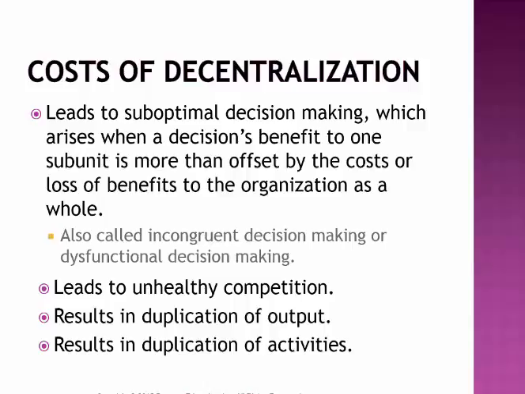Regarding results and duplication of activities, I mentioned earlier that we could be incurring a lot of cost and expenses due to redundancy in the types of activities and departments that may be run at multiple subunits.